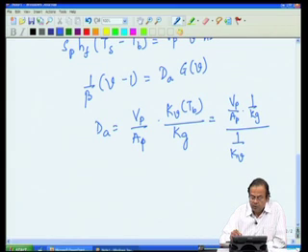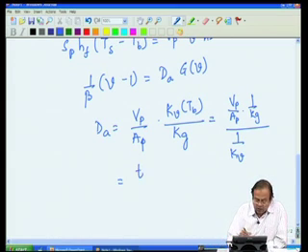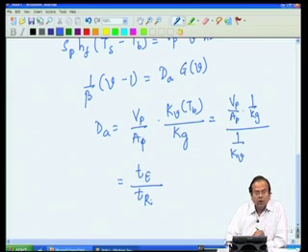And what is Vp by Ap? 1 over kg is the time scale for external mass transfer, and 1 over kV is the time scale for reaction.